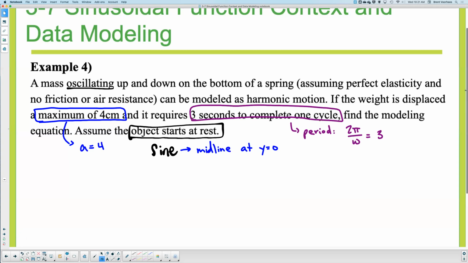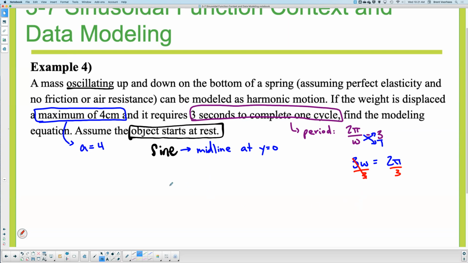All right, let's solve this. I'm going to leave off the unit this time. How do I solve that? Cross multiply. So I have 3 omegas equaling 2 pi. Divide by 3. So omega is 2 pi over 3.